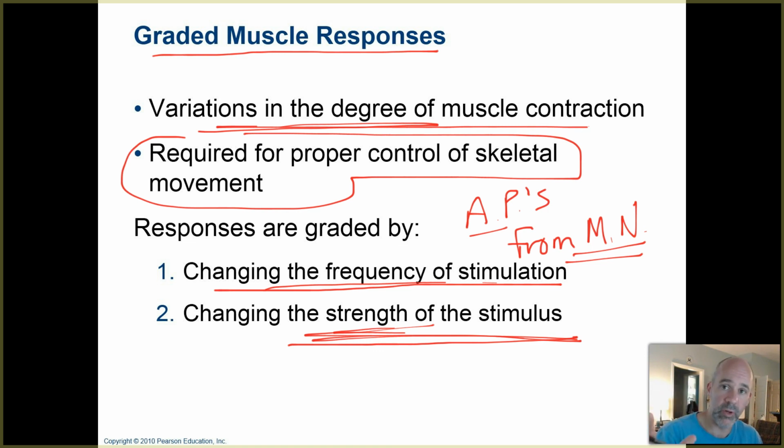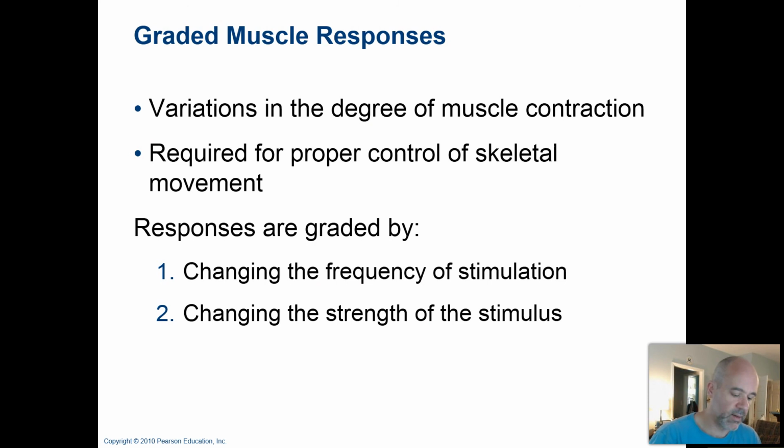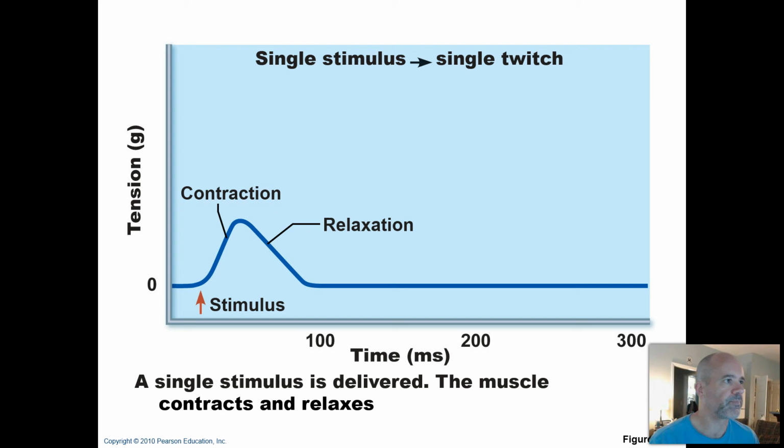Your larger motor units need more signaling from the brain, more powerful stimulation from the brain before they're going to generate their action potentials and tell their muscle fibers to contract. And so that's what allows us to have these nice graded muscle responses and nice smooth movements and just the right amount of force that we need to make the things that we need to do happen.